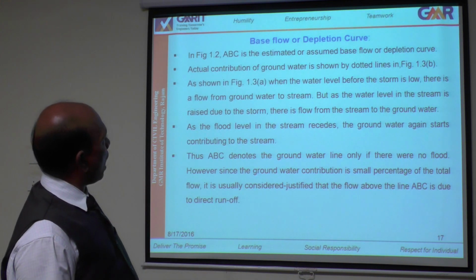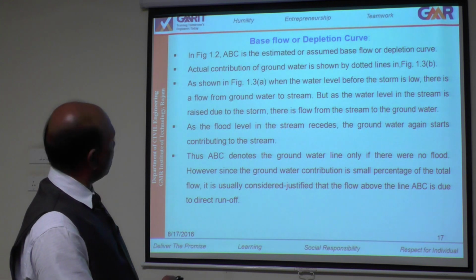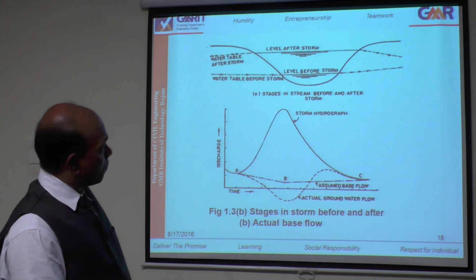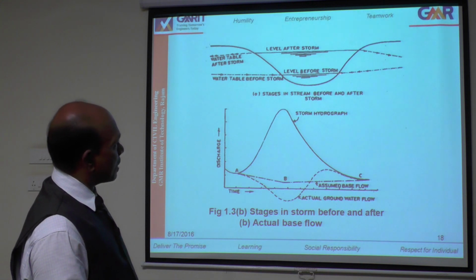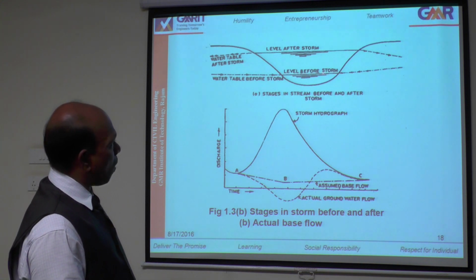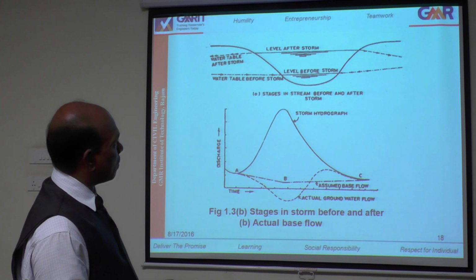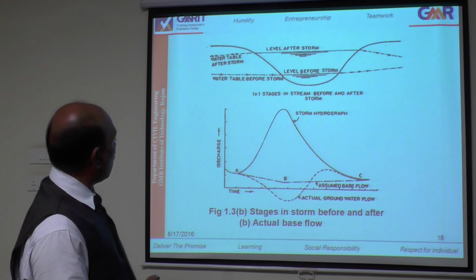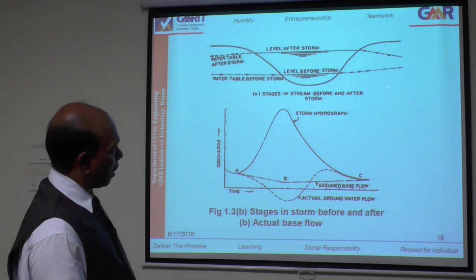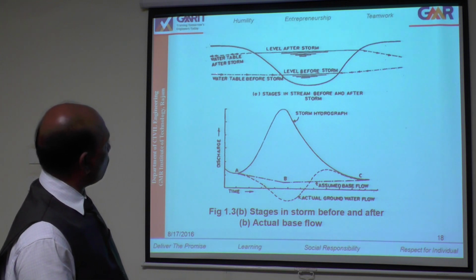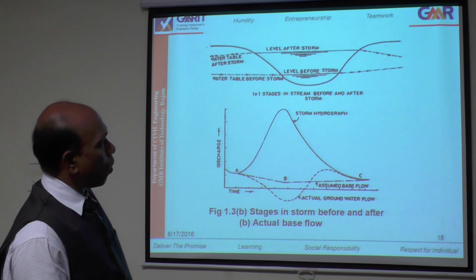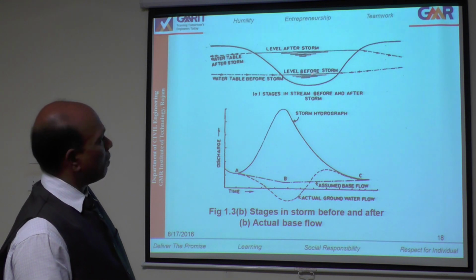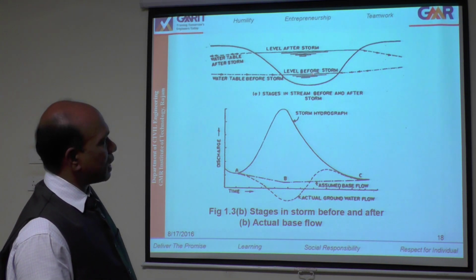Now, base flow or depletion curve. Once you observe this diagram, this is the water level in the stream, and this is the ground. Here the groundwater tries to enter the stream. If there are no floods, the water level is too low in the stream.